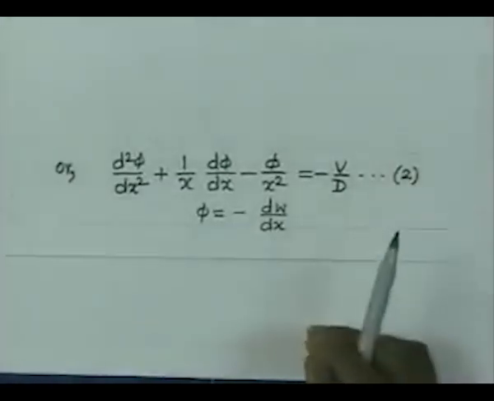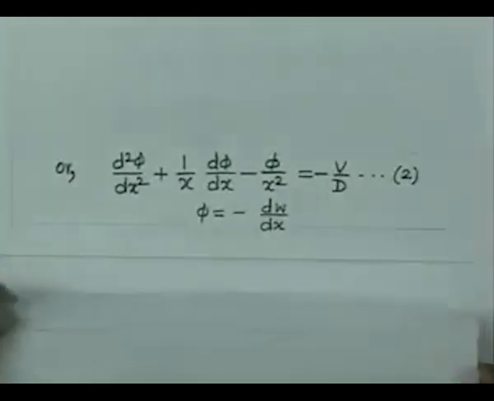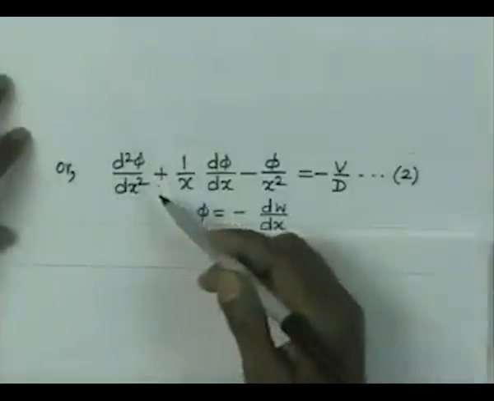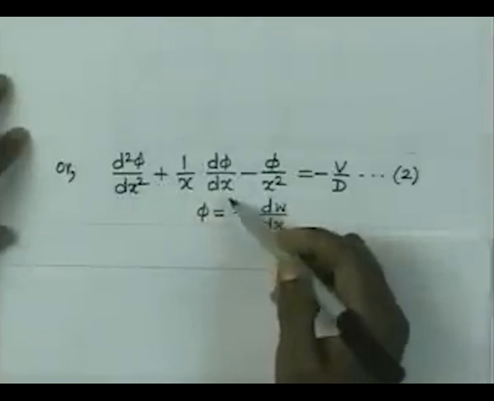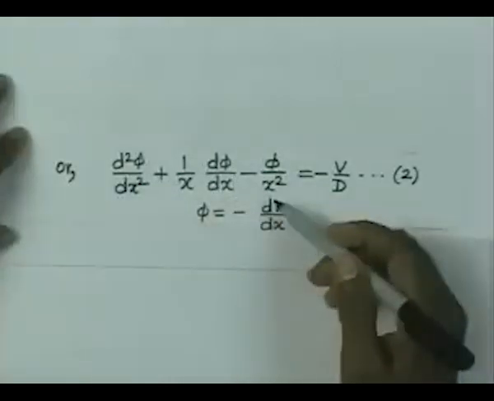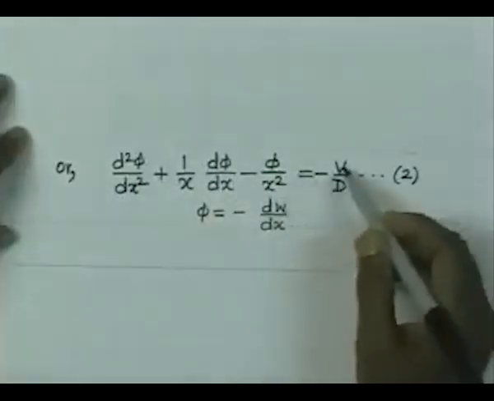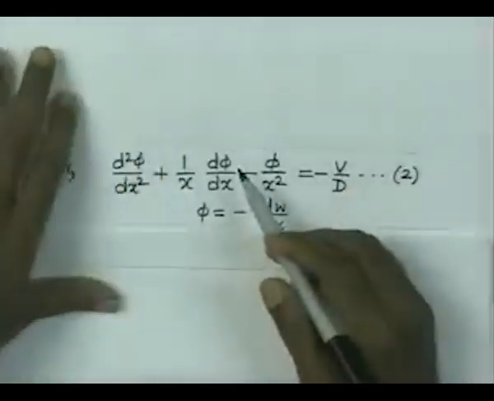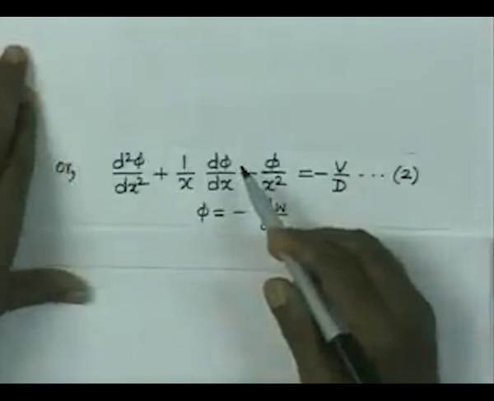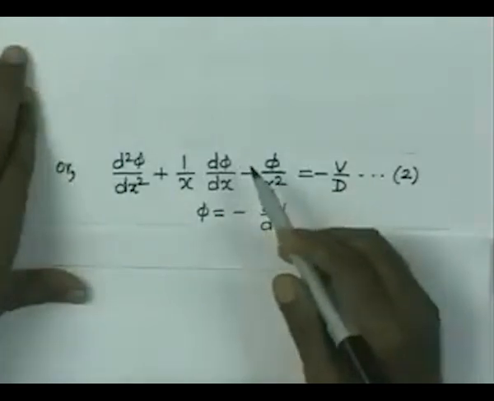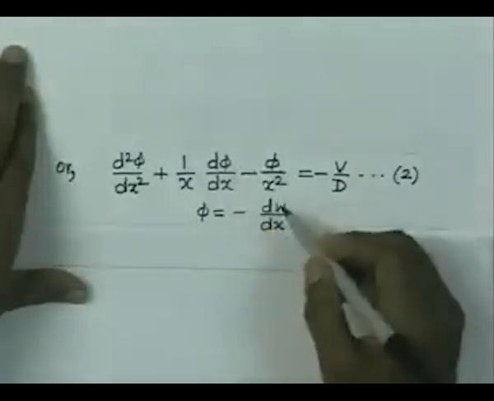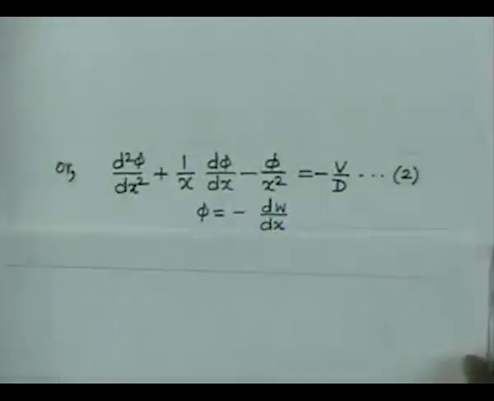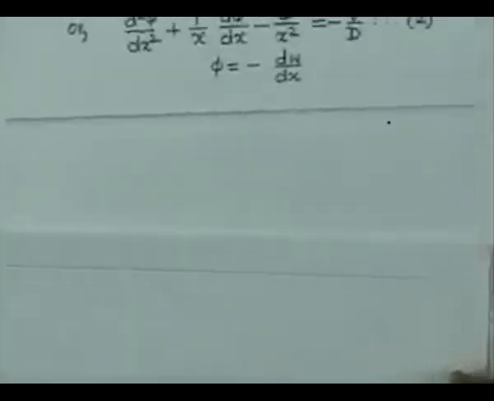We have got the equation of the deformation in this form: d²phi/dx² plus 1/x dphi/dx minus phi/x² is equal to minus V/D, wherein this phi is nothing but slope, and this slope is related to the deflection by this relationship. Here the slope is negative, so that is why it has become in that form.